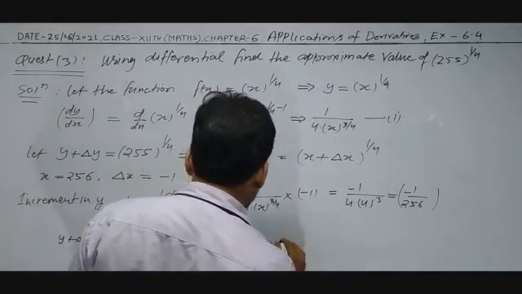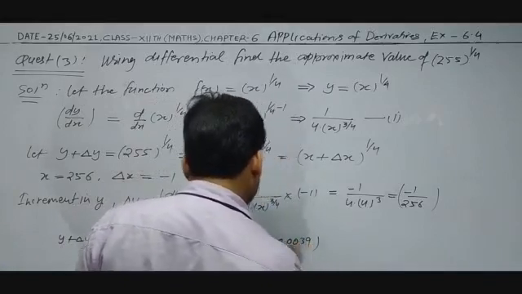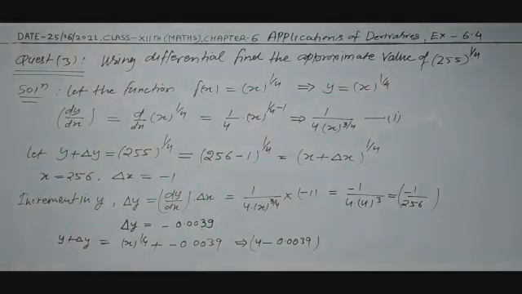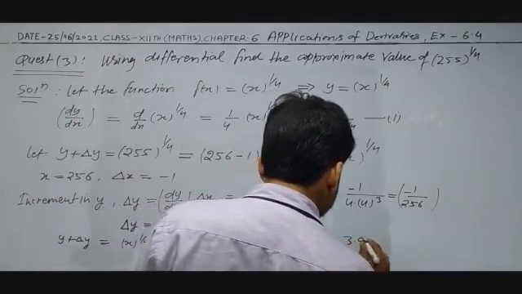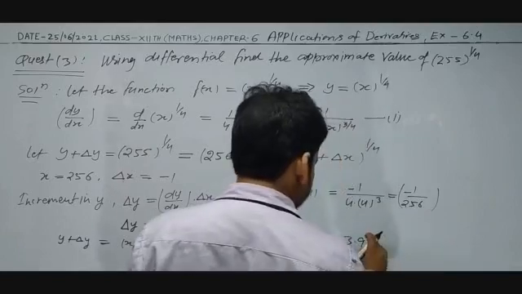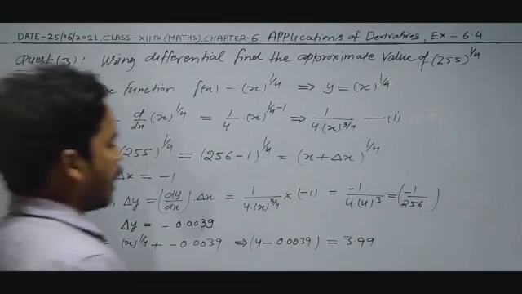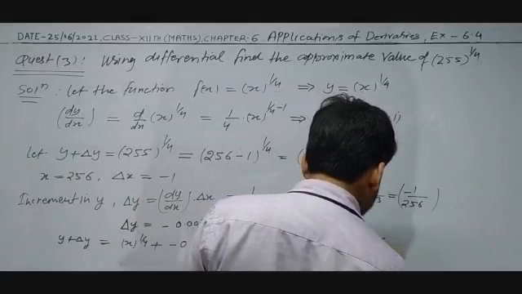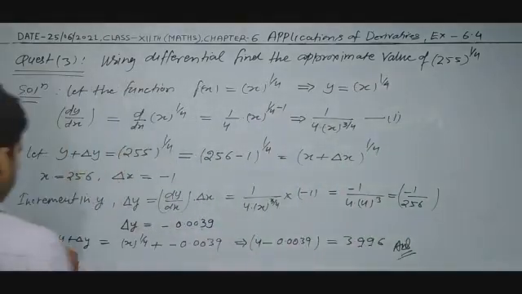So 4 minus 0.0039, and subtracting it, it will be equal to 3.996 something. So this is the answer. So this question is completed.